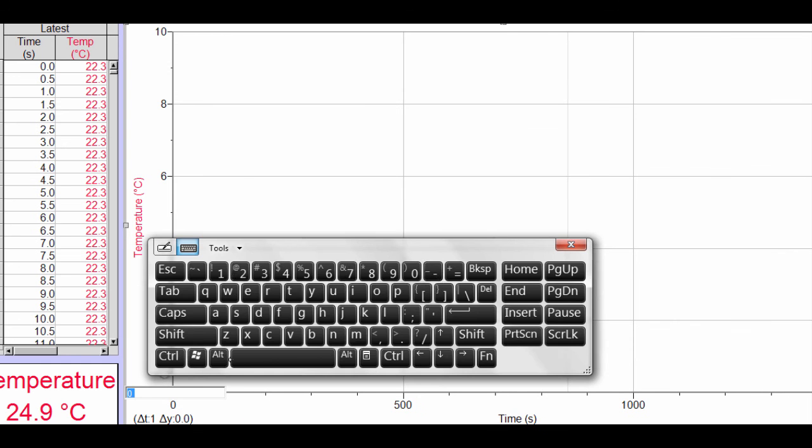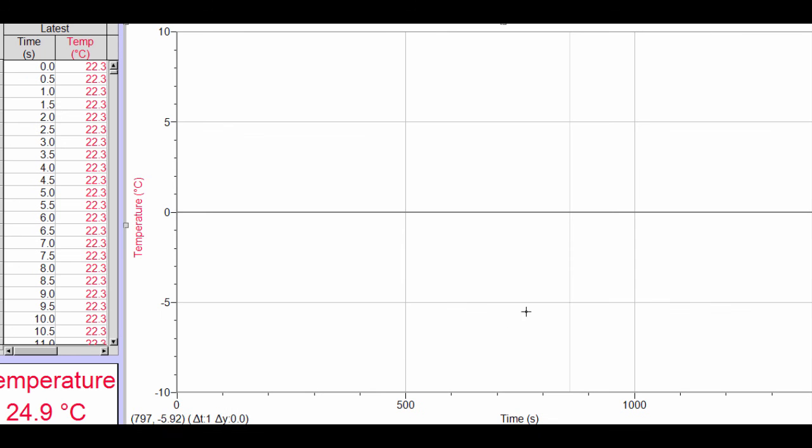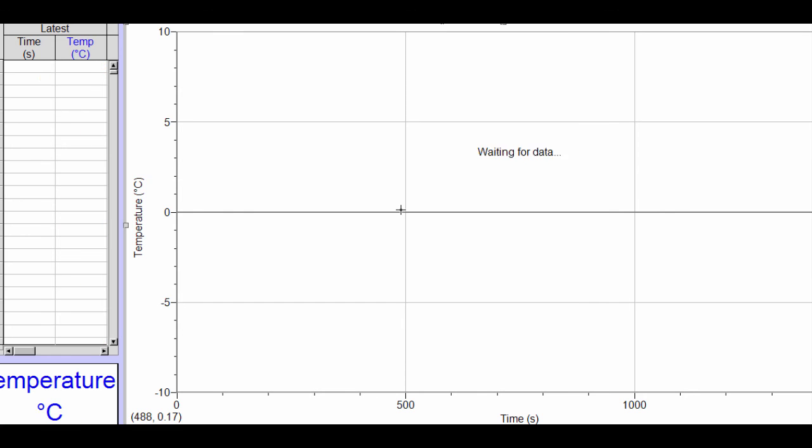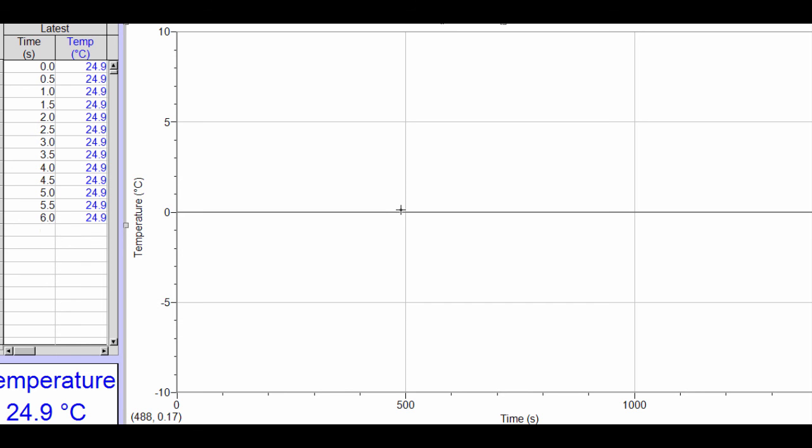And we'll put this one on the bottom here as negative 10. And now my ice is not crushed, but what I'm going to do here is I'm going to go ahead and we'll store that latest run. There we go. I did bring in some ice here today, and I'm going to pour the water off of here.